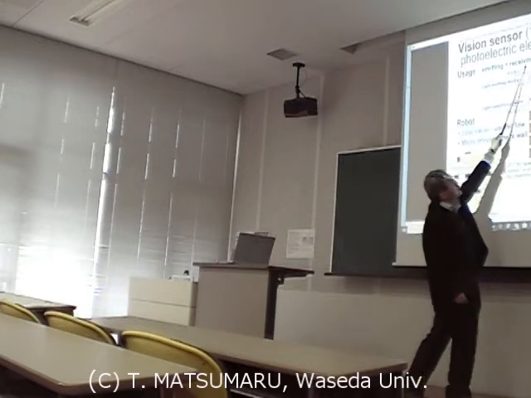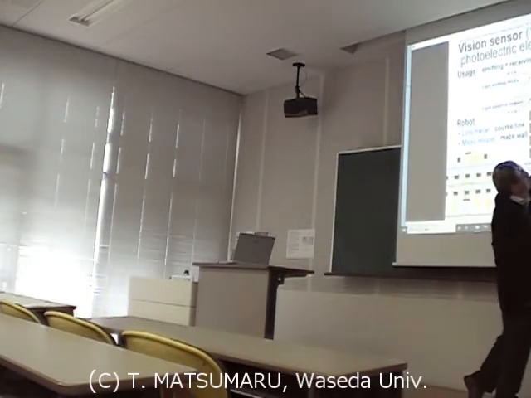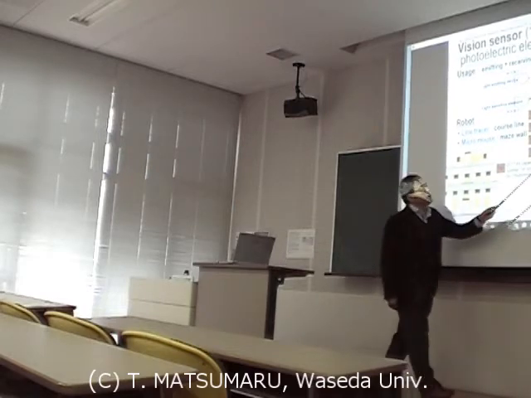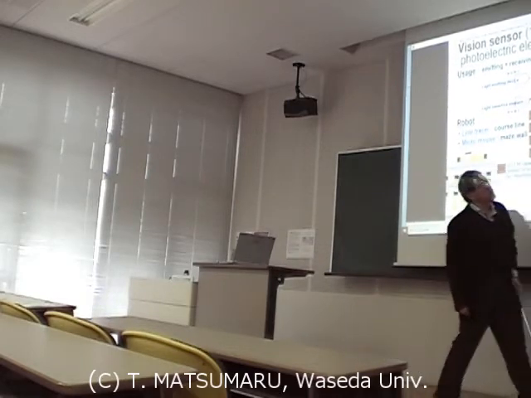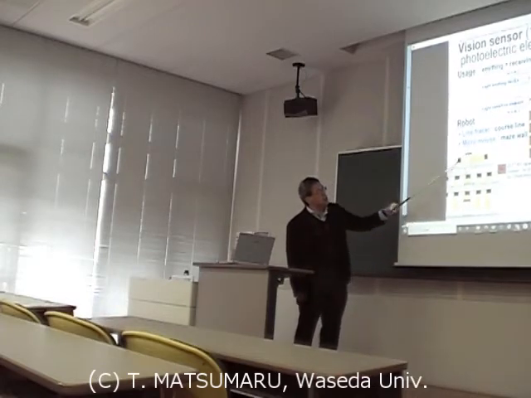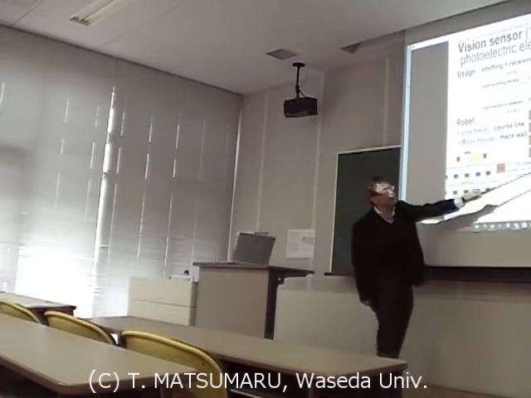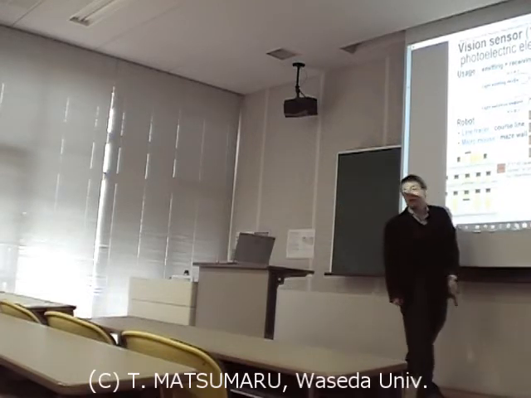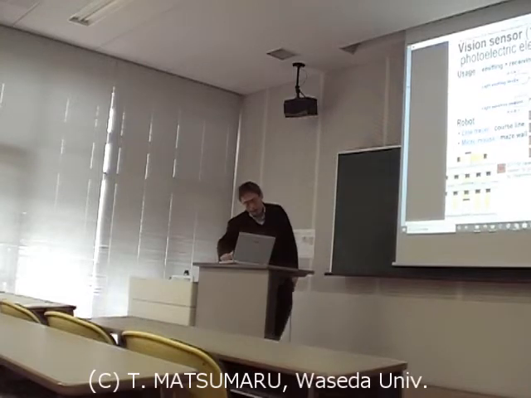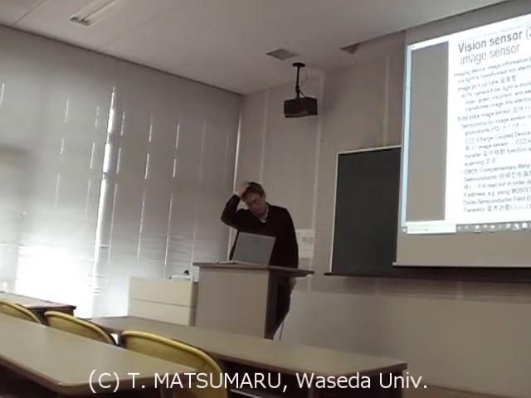Emitting and detecting with this transistor, the sensor output is here. By using this, the white part and black part are detected to control the tracking of the lines. You may have tried this.